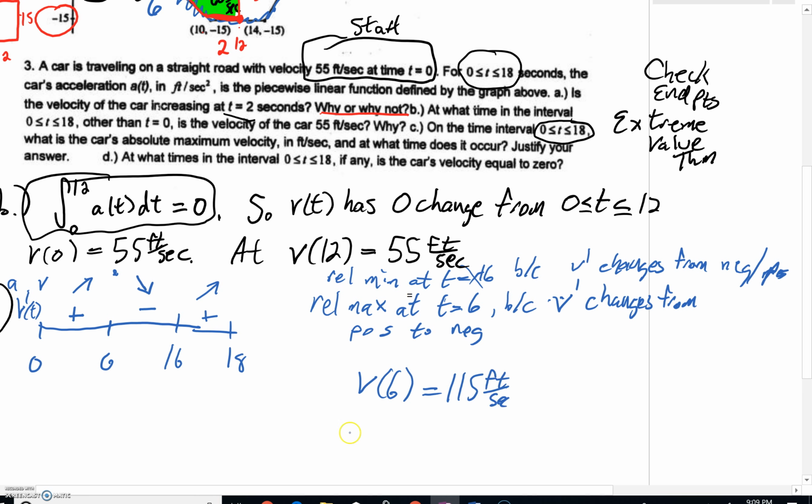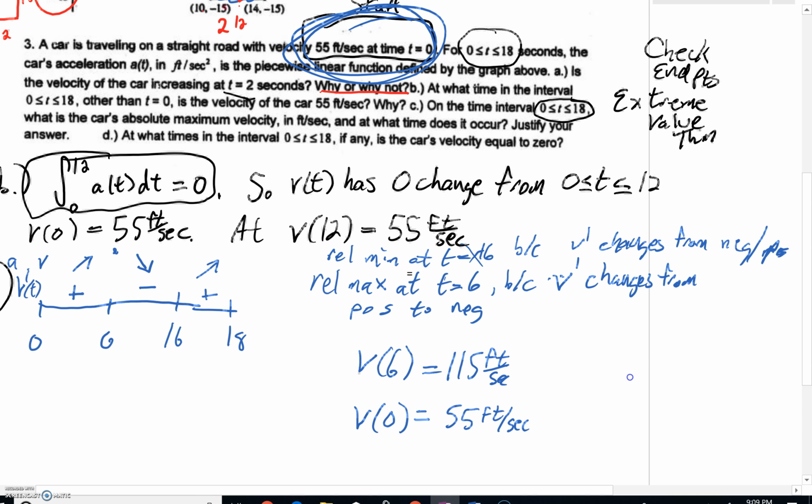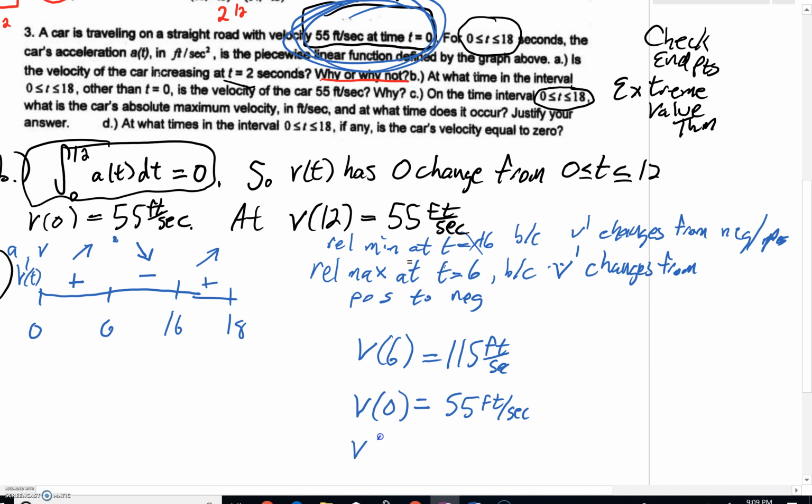That's a relative maximum. What was v of 0? Well, v of 0, look right here at the top of the page. It was 55 feet per second. They told us that. We just need to check one more thing. We need to check what v of 18 is. And v of 18, well, my word, we could actually figure this out geometrically, and I think that would be smart. We're going to do that in our next video.